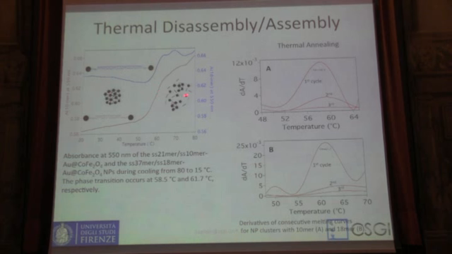Then if you go below the melting temperature, you should reform the cluster. And this is not the case, because you can do this game just 1 or 2 times, because the first time you have the cluster, you increase the temperature, and you release, in effect, the staple, and you have particle in solution.